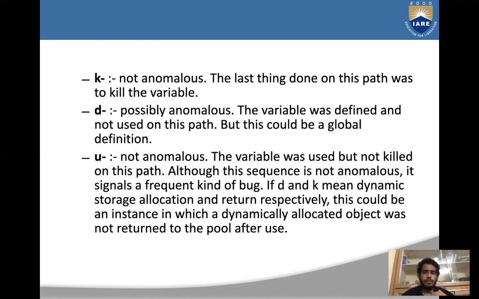K-, okay, not anomalous. The last thing done in this path was to kill the variable. D-, possibly anomalous. The variable was defined and not used in this path, but this could be a global definition. U-, not anomalous. The variable was used but not killed on this path.